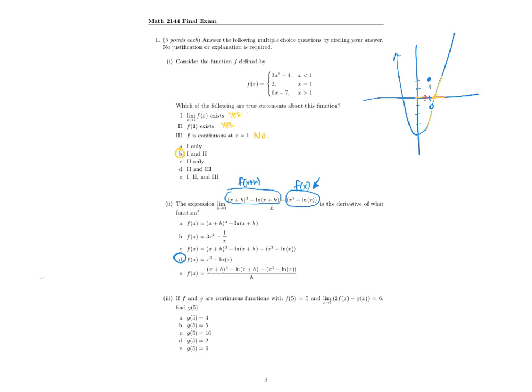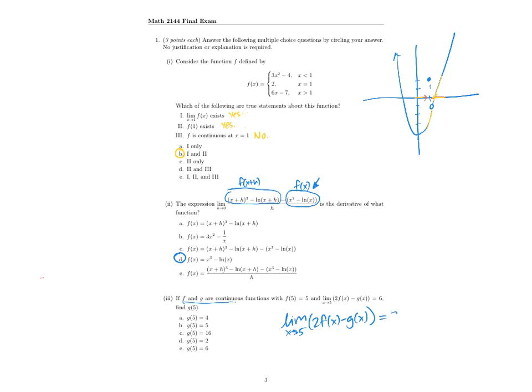If f and g are continuous functions with f of 5 equal to 5, and the limit as x approaches 5 of 2 f of x minus g of x is 6, find g of 5. Okay, so f and g are both continuous, so I know that the limit as x approaches 5 of 2 f of x minus g of x, well, if they're both continuous, then that means that limit is just the same as the plugged in value.